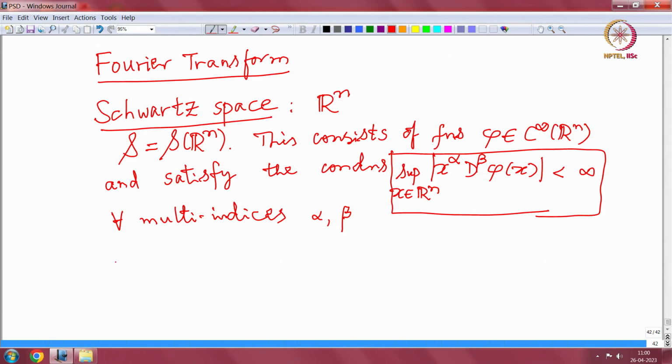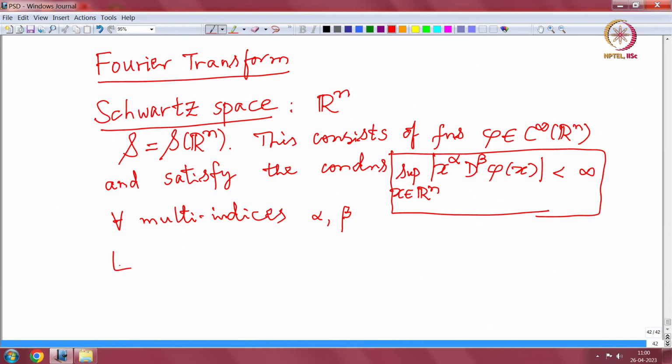Okay, so a typical example. At first look this condition looks very stringent, so we should have some idea about the existence of such functions.